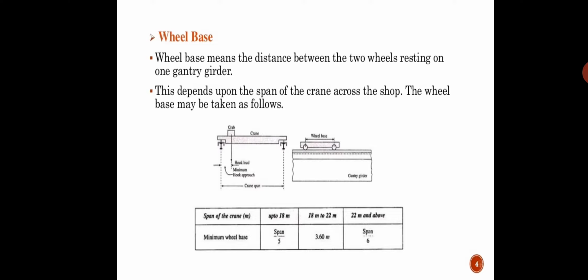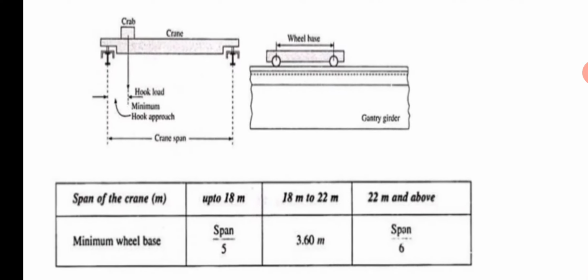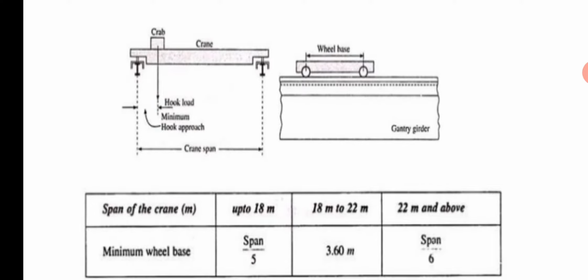Now wheelbase. Wheelbase means the distance between two wheels resting on the gantry girder. This depends upon the span of the crane across the shop. The wheelbase may be taken as follows. You can see the figure over there. Wheel load moves throughout the longitudinal length, and the center to center distance between two wheels is the wheelbase, and between two center to center rails it is the crane span.